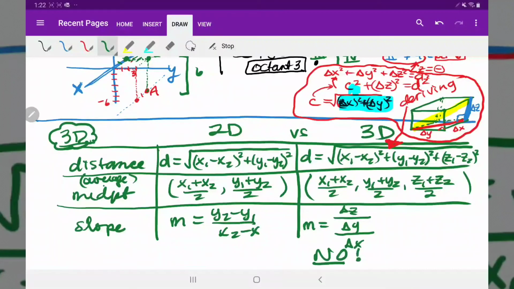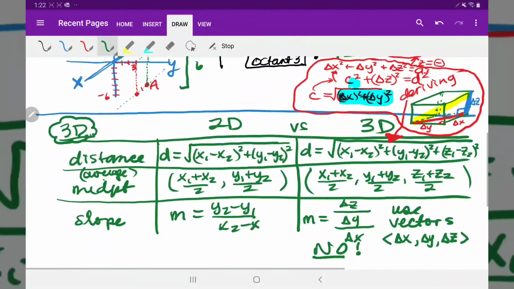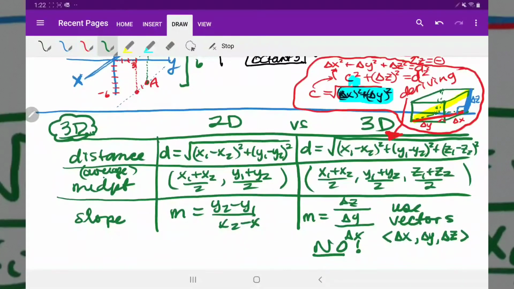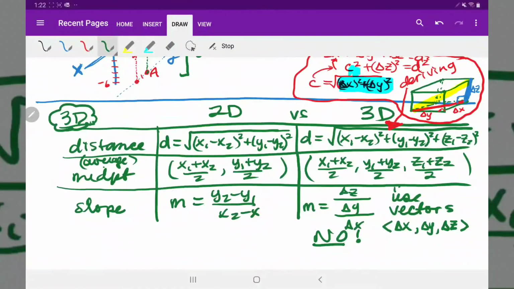What we're going to do instead is the vector related to the slope, I call it the slope vector, which is delta x, delta y, delta z. When we use vectors, it's going to link to that, and we're going to do vectors in section 11.2. So we're going to use vectors instead because we can't do slope in 3D. So let's see what else is in this section.